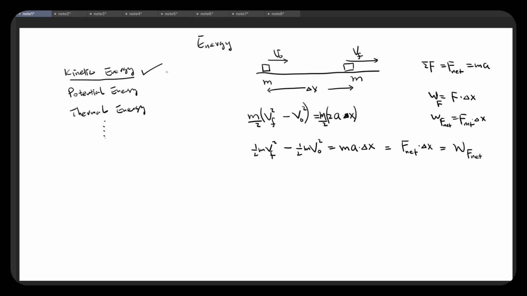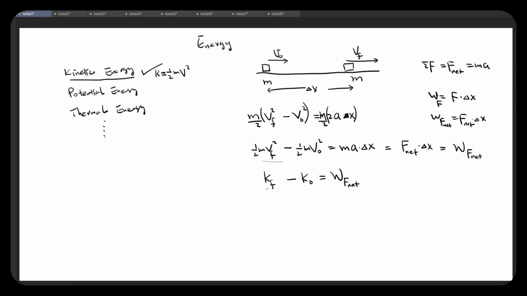Its definition is 1/2 mv squared, and we usually have a symbol K to represent the kinetic energy of a system. So K equals 1/2 mv squared. So that's these two expressions here. We can write down K final minus K naught equals W of F net.